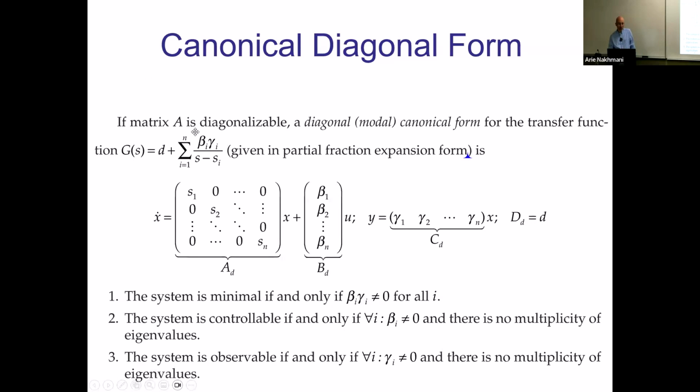But here you'll have some coefficient, right? So you'll have some particular number divided by s minus the first pole, plus some other number divided by s minus some other pole, and so on. The thing is that you can divide that the way you like, which means all you need is that the multiplication of beta by gamma will be that constant number that you have. How you decide on beta and gamma is your choice.